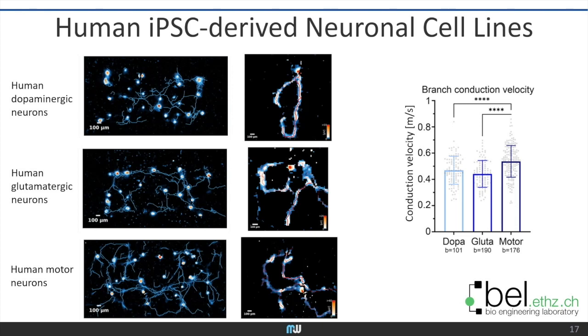And we were able to detect single cells for all these different cell types. And interestingly, we found a significantly higher axonal action potential propagation conduction velocity for the motor neurons as compared with the dopaminergic and glutamatergic neurons.